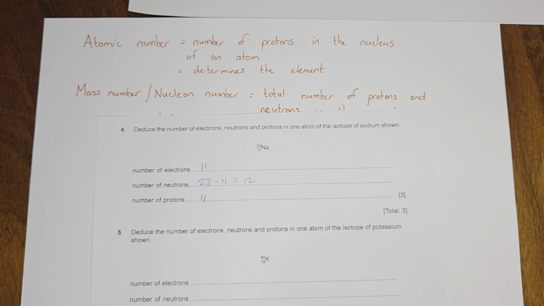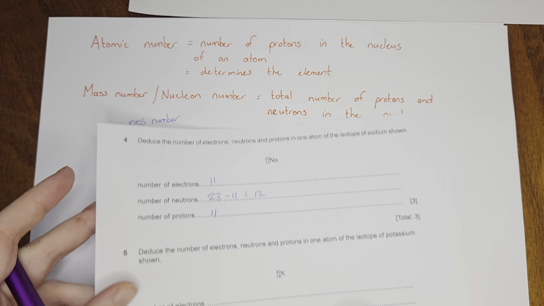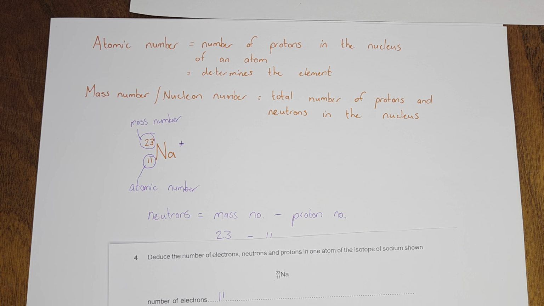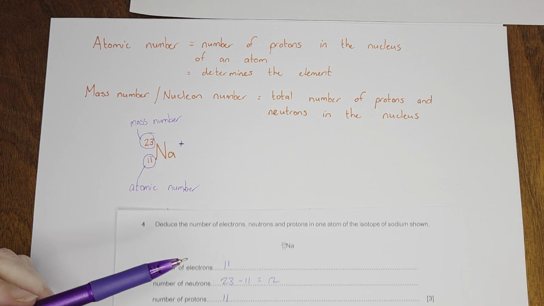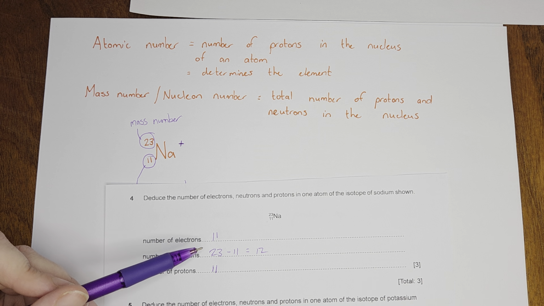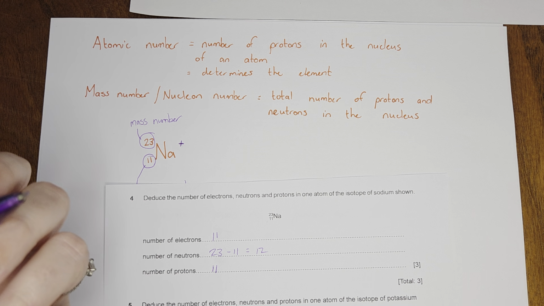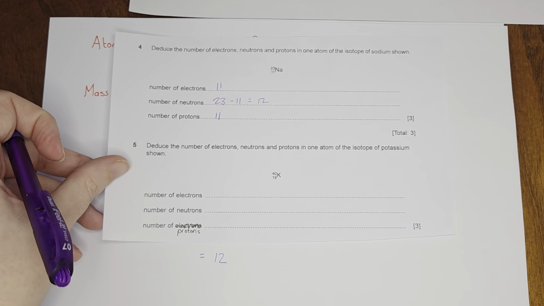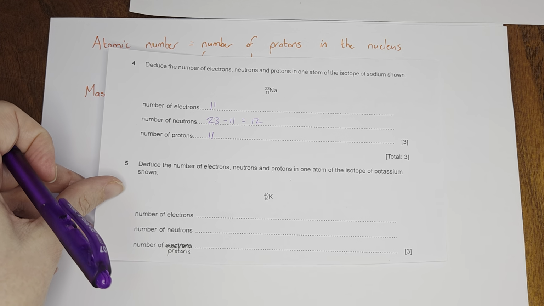As soon as I add a charge to something, so for example here, if I add a plus, that means it's lost one electron. So then the number of electrons would be one less, so it would be 10. If I add a minus, it would be gaining electrons, so it would be one more. Okay, but if it's neutral, it's always going to be the same.